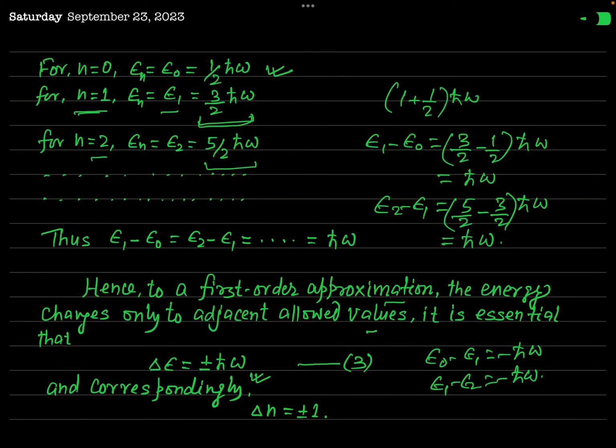Okay? So actually in practice it is found that the transition of the phonon takes place only between the adjacent energy levels. Okay? It is not possible that a phonon will jump from first level to the fourth level, or fourth level to the first level, but first to second, second to first. Okay? So in this case, actually the change in the number of phonons is also equal to plus minus 1.